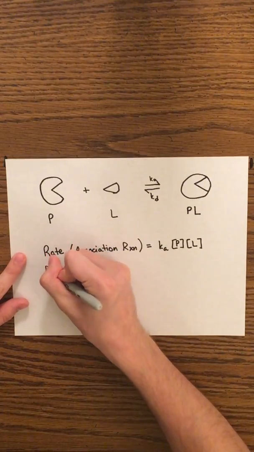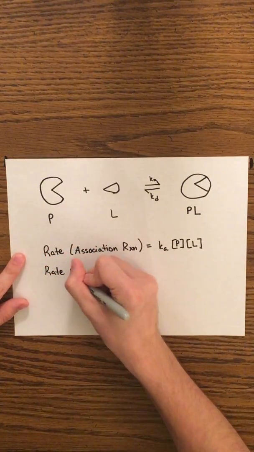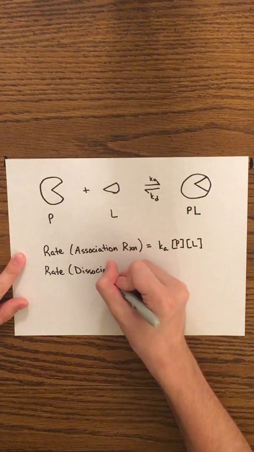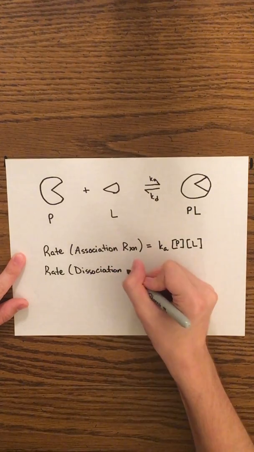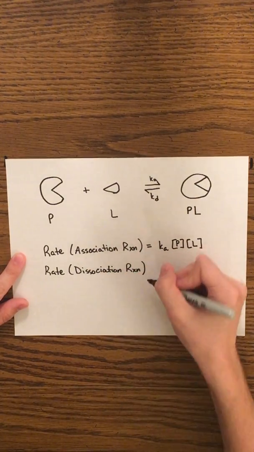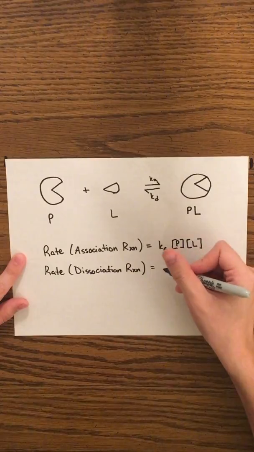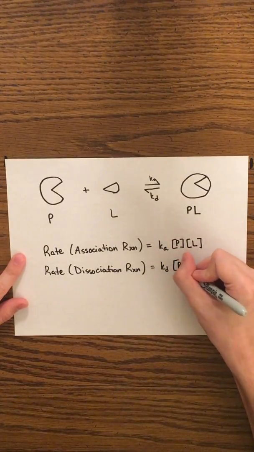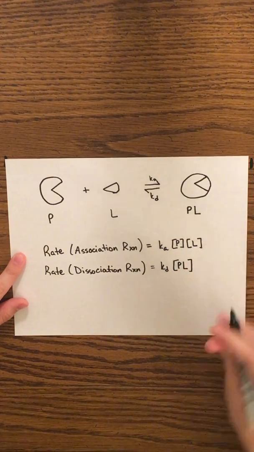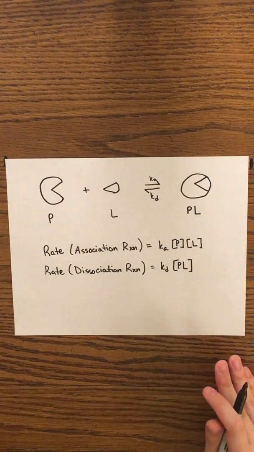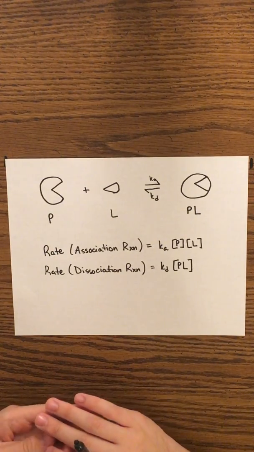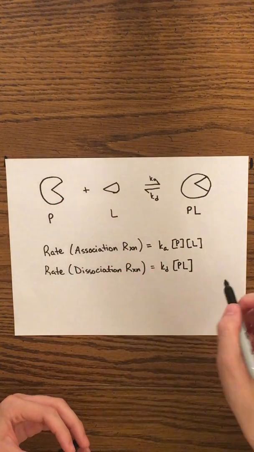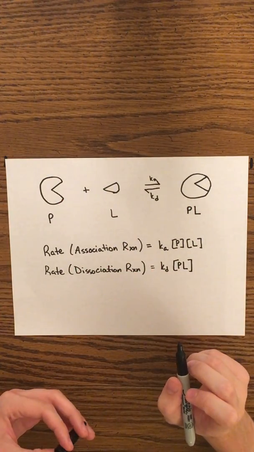And that will have a kinetic expression, Kd times the concentration of PL. Okay. So that was sort of our kinetics description of what's going on in this overall reaction, okay?